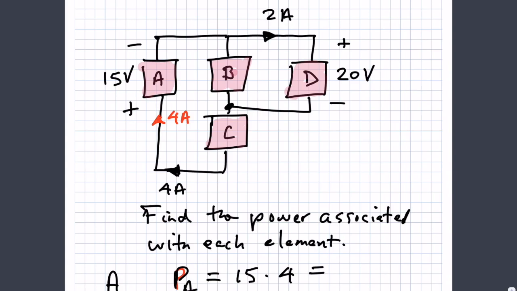So that'll be 60 watts. Now, the sign convention is the current is moving in the direction of a voltage drop, so it's the passive sign convention. Therefore, this is using.